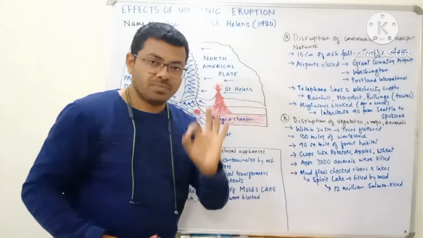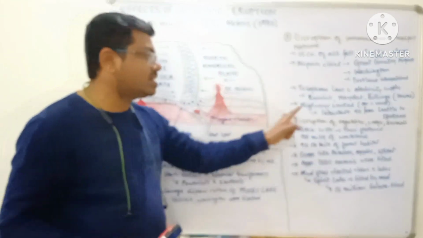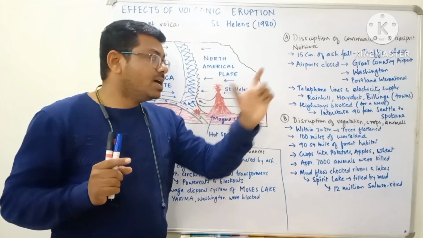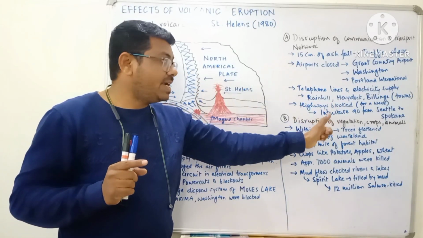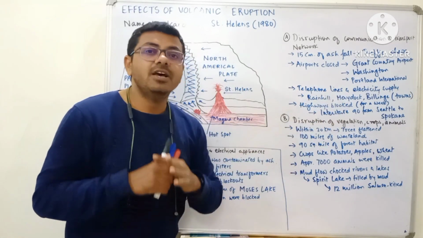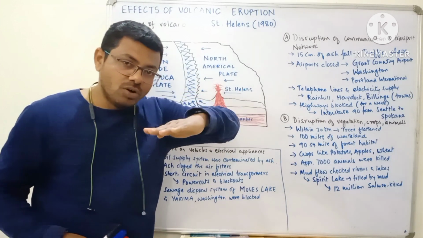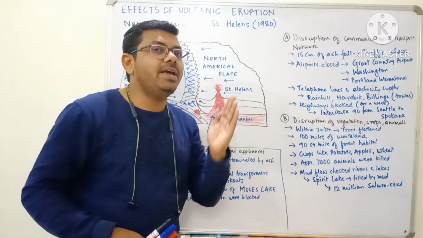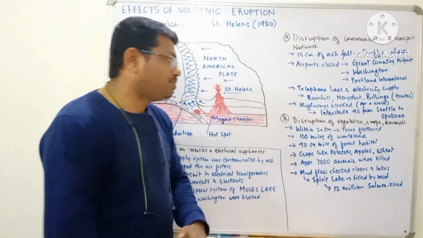Interstate 90, which connects Seattle to Spokane in Washington, was closed for a week because there was an ash dump on the road, and that's why the highway was blocked.